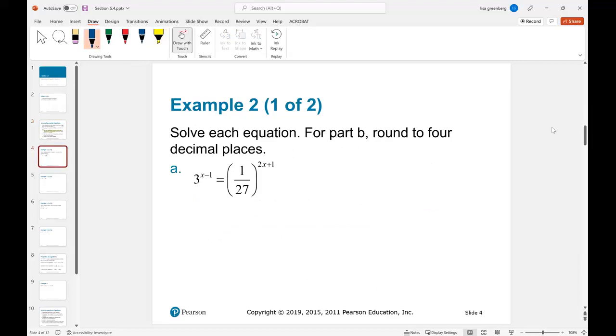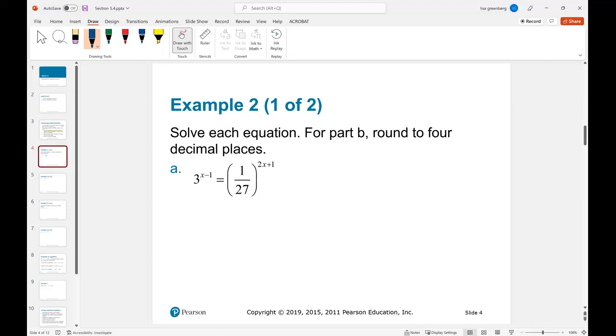So we start here, and when I look at this, I say, well, let's see. I know 3 can't be reduced any. The first thing I'm going to do is look at the bases to see if I can make the bases the same, because if I can make the bases the same, then I can equate the exponents. Remember that?